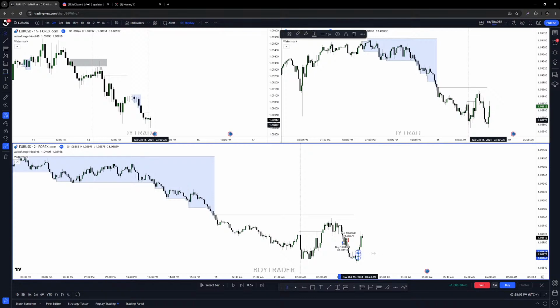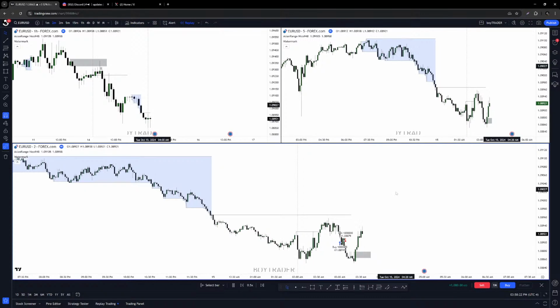There's another fair value gap there, and there's a shift. We already took out sell side, so there's a shift. Now we're going to watch if price drops into it and gives us a nice run above the midnight opening.